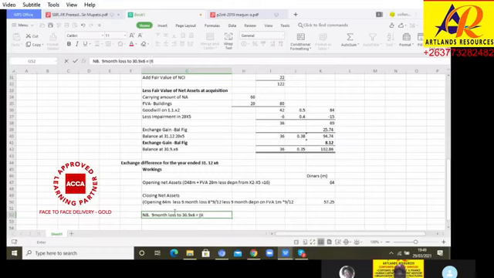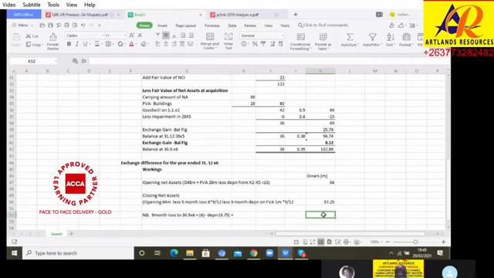It will be negative 6 million plus minus depreciation, which is negative 0.75. So the loss that you have is minus 6.75. So this is the loss. Because if you are subtracting depreciation from a loss, it increases that loss.